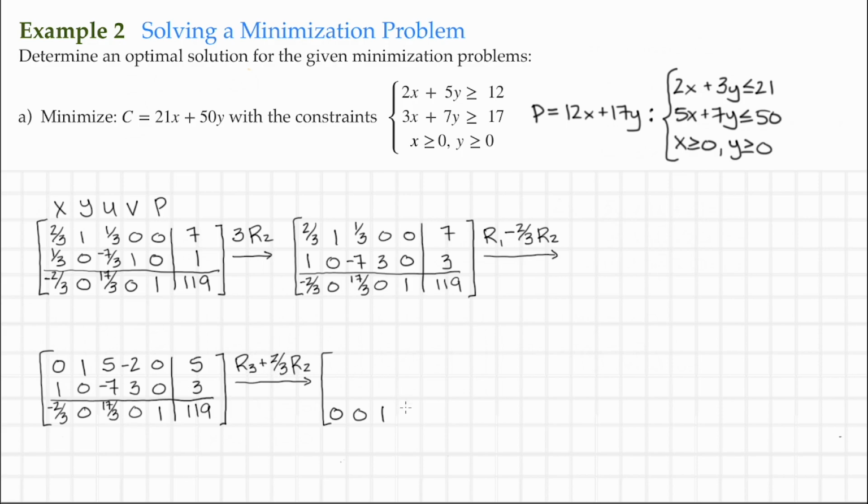And 0 plus 2 is 2. 0, 0, bring down our 1. Put in the vertical bar. 3 times 2/3 is 2, and 119 plus 2 is 121. Close off the bracket, and of course we carry over the rest.